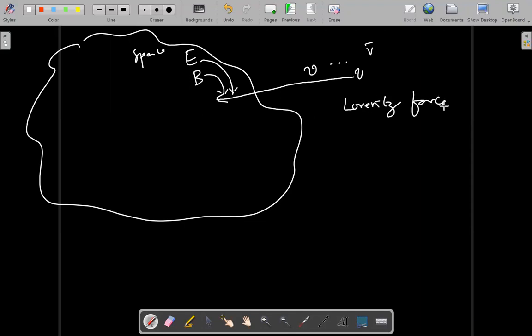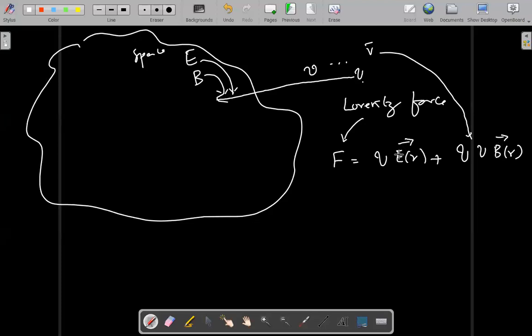The Lorentz force is the force on an electric charge Q due to both electric field and magnetic field. So the Lorentz force F equals Q times whatever electric field you have at that point, E of r, plus Q times v, the velocity with which this charge is moving, cross B of r. Both are vectors.